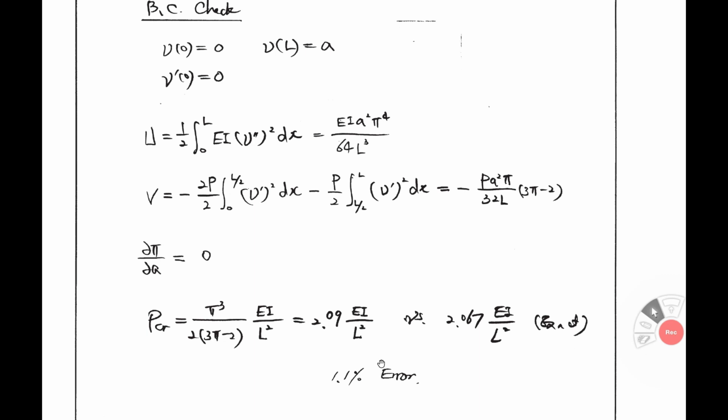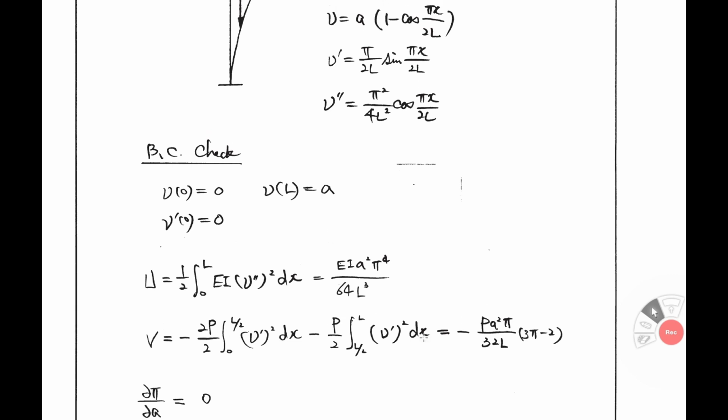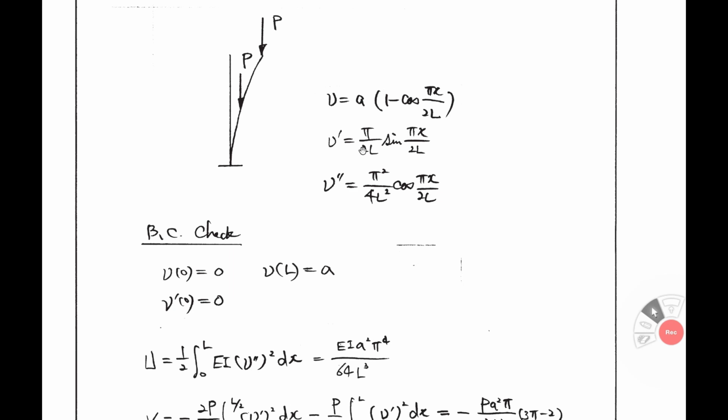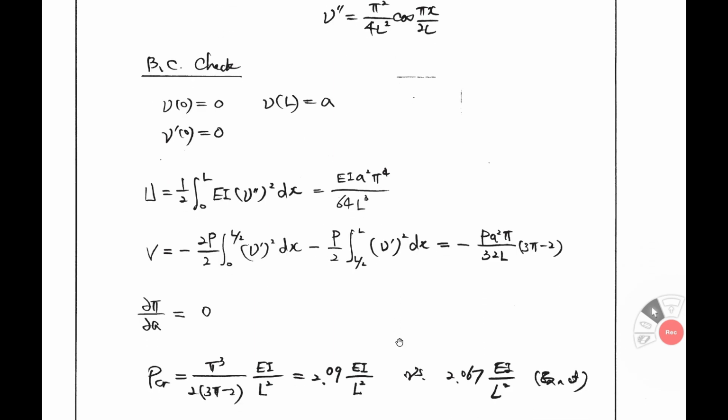The error is 1.1%. So although you input the curvature value here, your assumed equation is a cosine equation. Then after you take the second derivative, your curvature equation is not a constant value, not a linear value. So it gives us a very accurate solution.